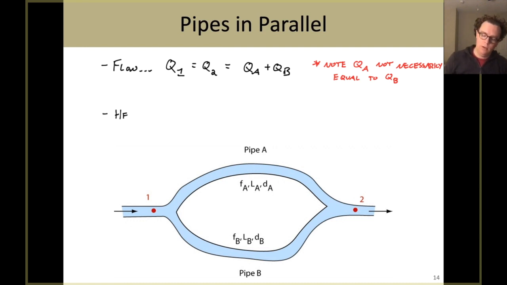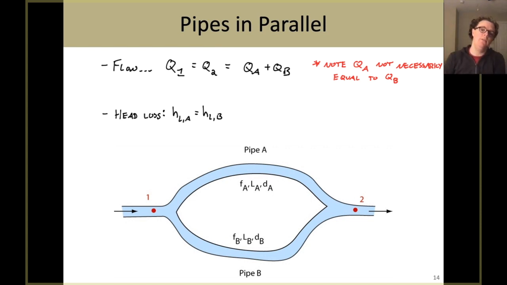Now, if those flows are different, what's interestingly the same is that flow will separate so that the head loss balances. In other words, it's no easier to move through pipe A than it is to move through pipe B, or the same total amount of energy is getting lost on both of those pathways.